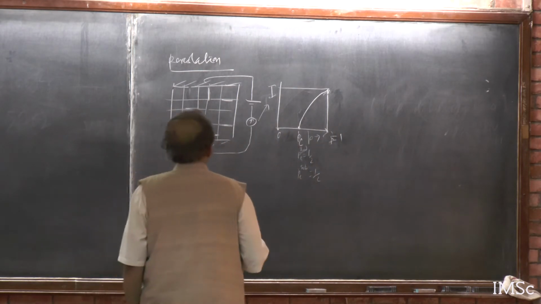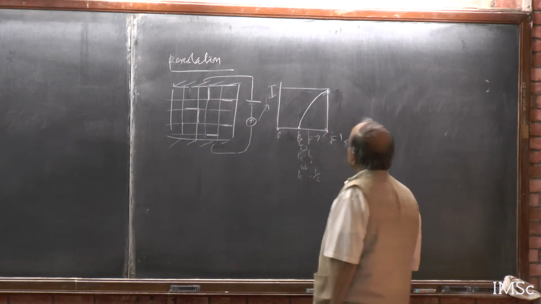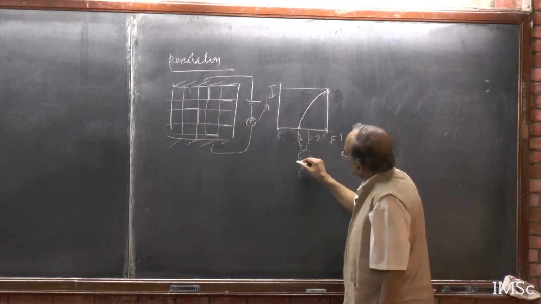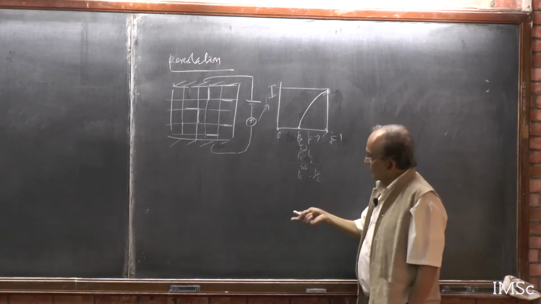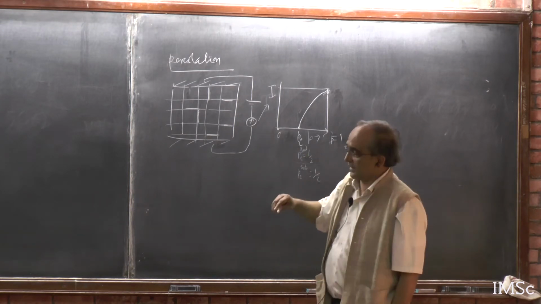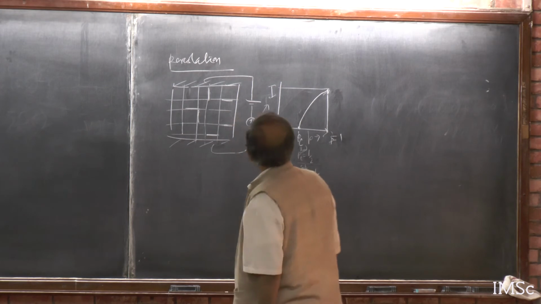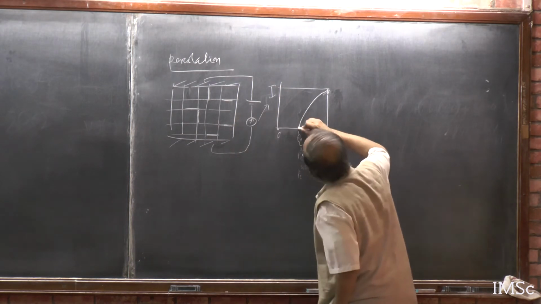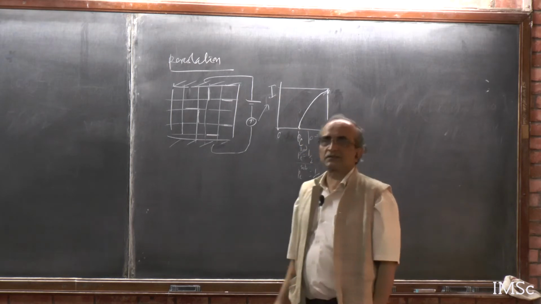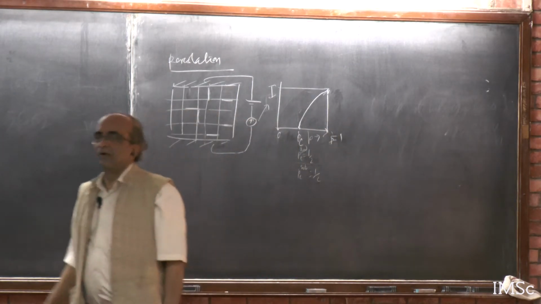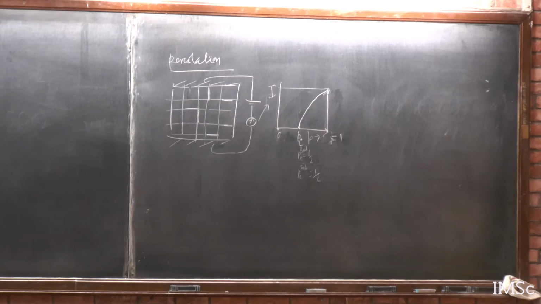If you take 3 dimensions and so on, not only with dimension will it change, it will also change with whether you are considering a square lattice or a triangular lattice and so on. But the current growth near this point will be independent of whether you are taking site disorder or bond disorder.